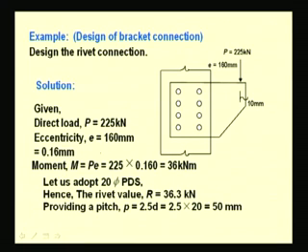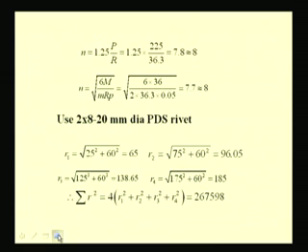First, we found the moment, what moment we have, then the rivet value considering a particular diameter of rivet, and accordingly the pitch has been decided as 2.5 D, that means 50 mm. Accordingly we can find the total number of rivets required, that is coming around 8.